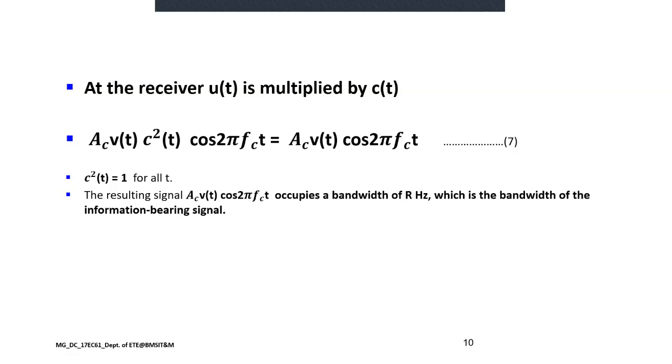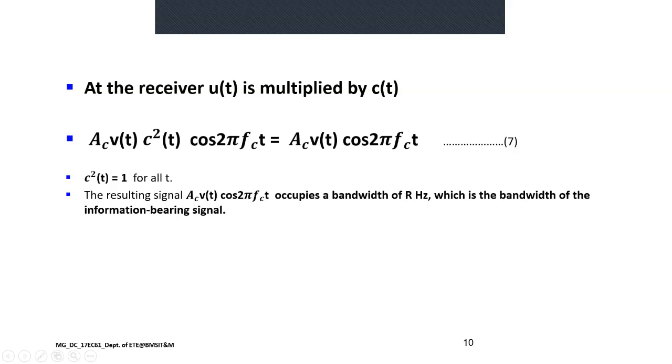When that is multiplied with C of t, I get AC V of t C square of t cos 2 pi fc t. Since C square of t is equal to 1 for all values of t, because C of t is plus or minus 1 and squaring it gives 1, I get the signal AC V of t cos 2 pi fc t.